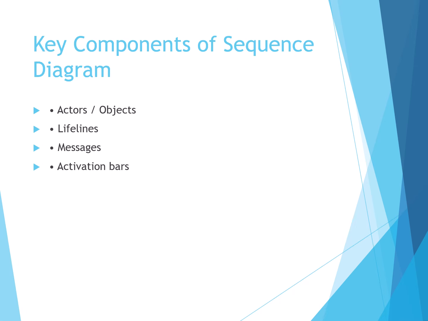What are the key components of a sequence diagram? You always see these four elements: actors or objects. These are the participants, right? Next, the lifelines, the dotted lines showing time passing. We will be drawing the vertical lines in the sequence diagram, right? Those are lifelines. Okay. Messages, the arrows between the objects.